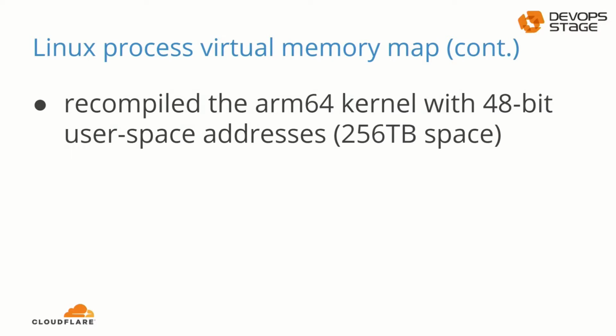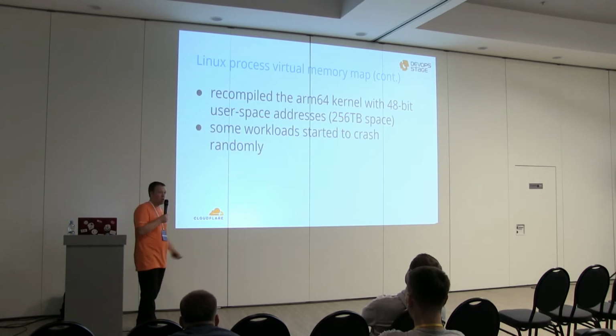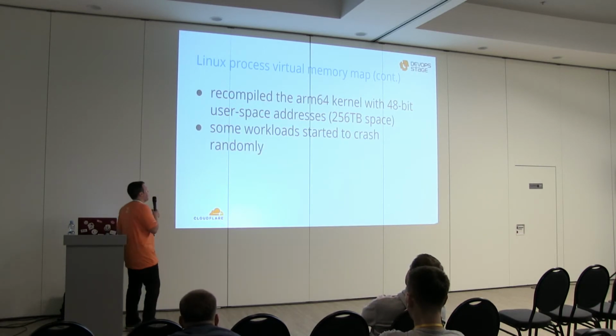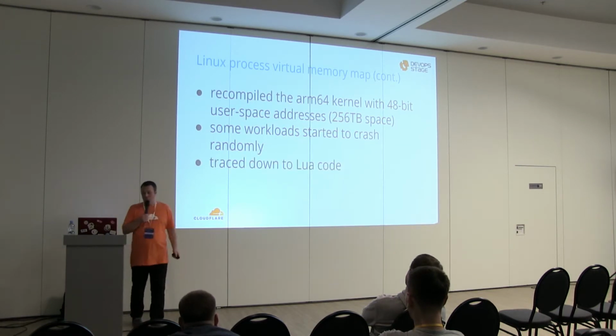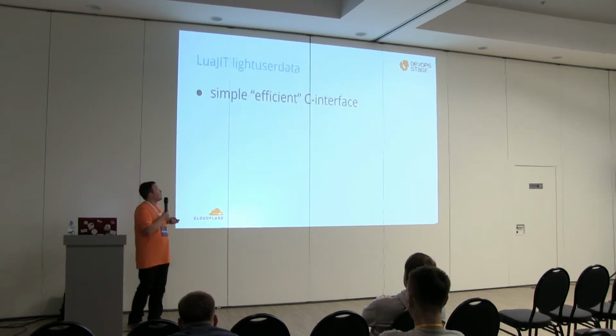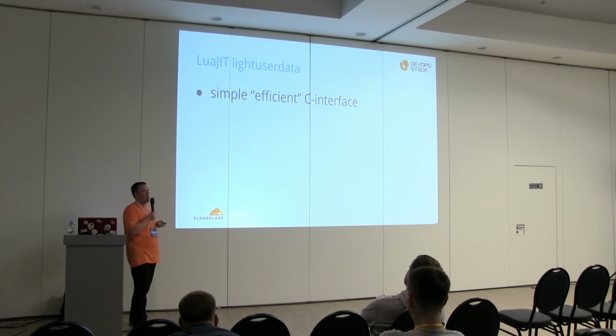So we fixed that database workload, but some other workloads started to crash randomly. After very long debugging, we traced it down to Lua code. At Cloudflare, we're heavy users of Lua for some of our business logic on the edge. So let me introduce the so-called LuaJIT light userdata module.